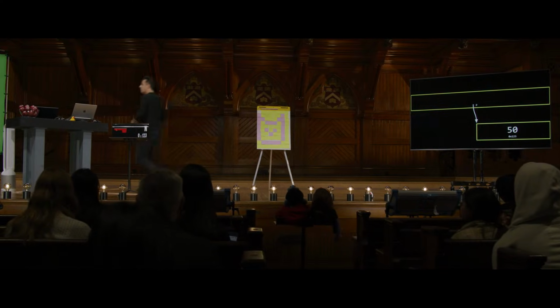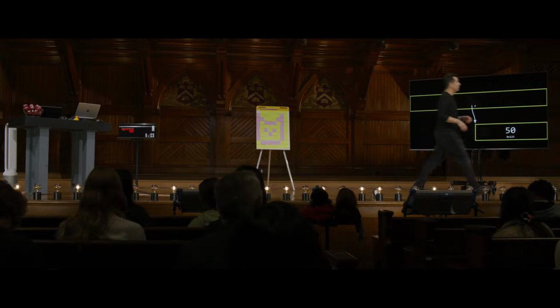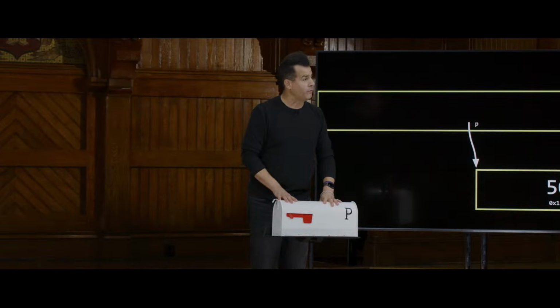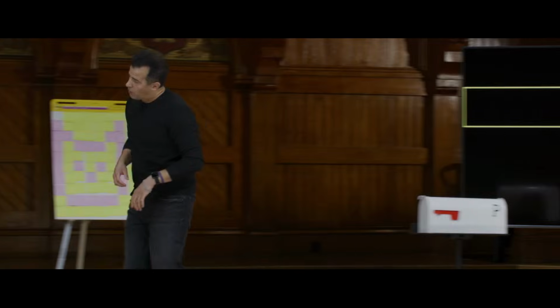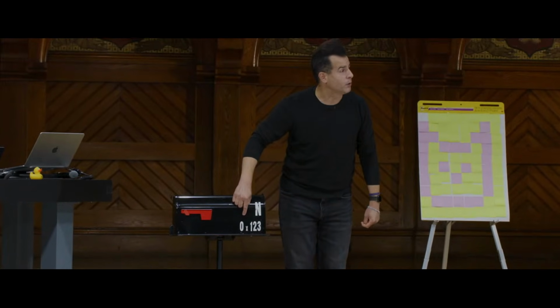OK, so if you're on board with that, let me propose that we consider now what these things look like maybe more physically. In fact, we've got a couple of mailboxes here to make clear with a little metaphor that here is a physical representation of our variable, say, p, labeled as such. Inside of this is presumably going to be the address of some actual value. That value, at the end of the story, is going to be the value of n, which, recall for consistency, is at address 0x123.